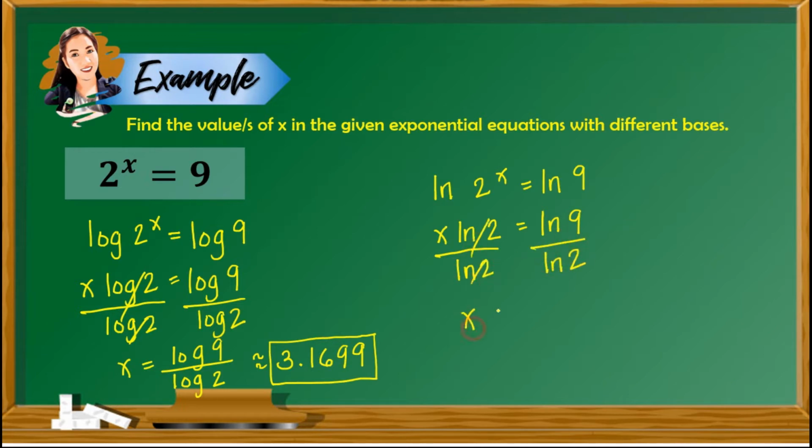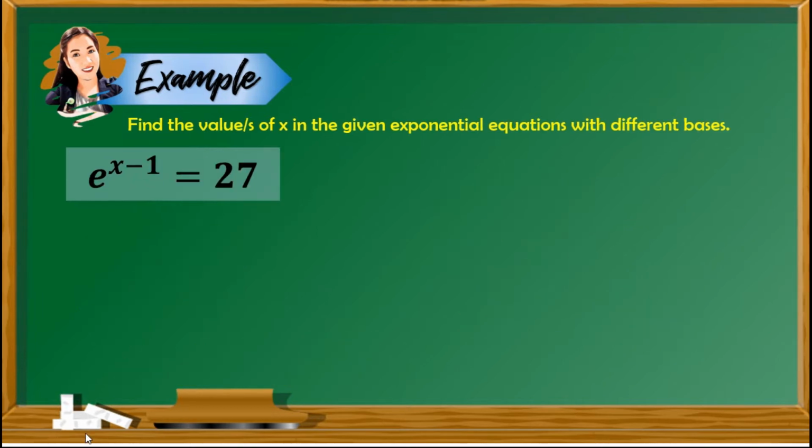So we have x is equal to ln of 9 over ln of 2. Press your calculator. Will you get 3.1699? The answer is yes. So whatever you use, either the common logarithm or natural logarithm, you will reach the same answer.